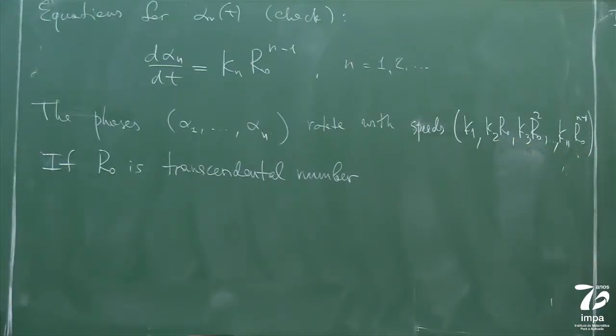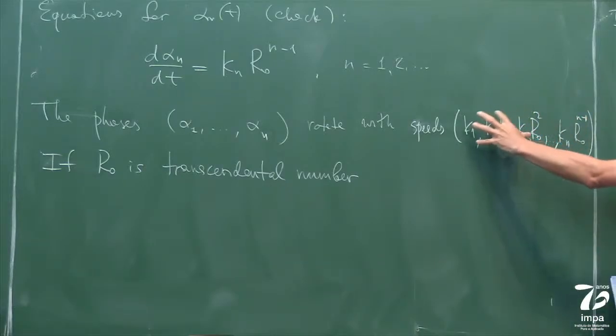So if R0 is transcendental, then no combination of these numbers with integer coefficients gives 0, because a transcendental number is not a solution of any polynomial equation. So that means that all of them are rationally independent. So there cannot be any resonance between them.